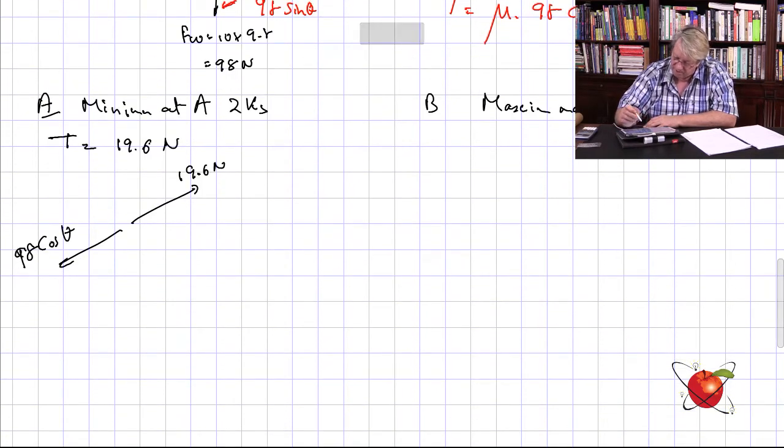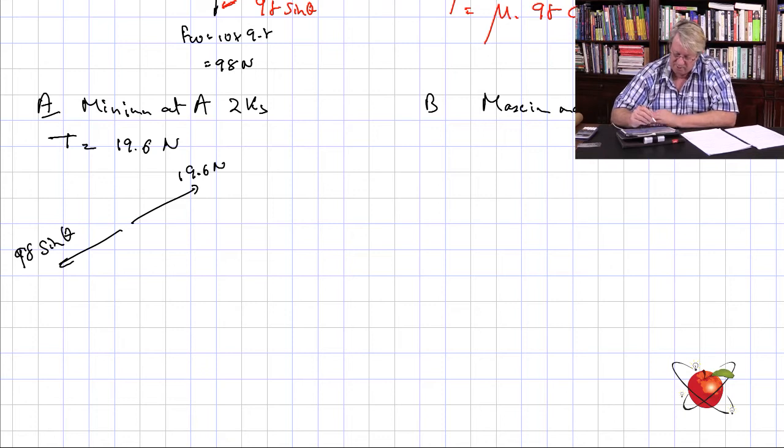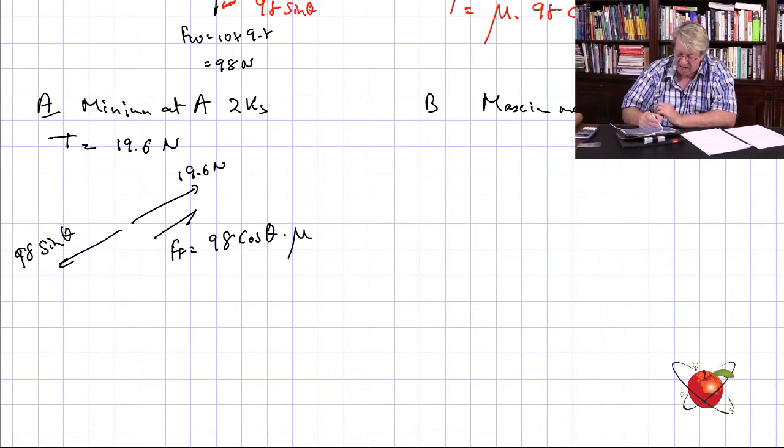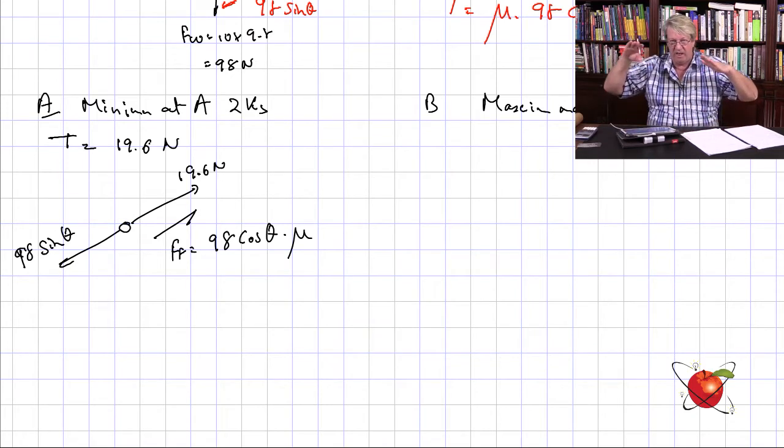Let me just take you over here: 98 sine theta acting down like that, and 19.6 up. And I know that friction is helping me this way, FF is going to be 98 cos theta times mu, because I am in equilibrium, I am not moving up or down.